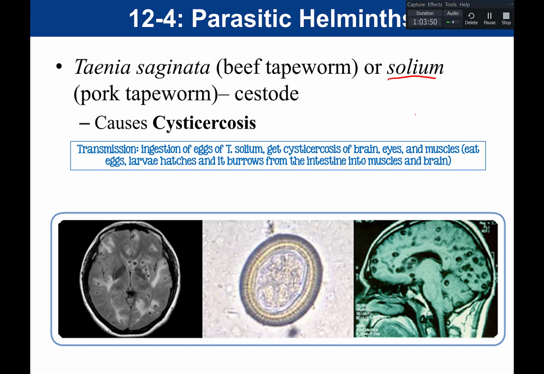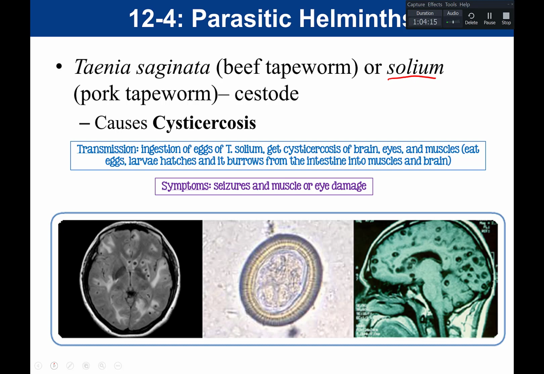However, if you ingest the egg, the next part of the life cycle is going to be the larval stage, the cysticerci. So if you ingest the egg in a human, that egg is going to hatch and you will end up with cysticerci in the brain, eyes, and muscles.